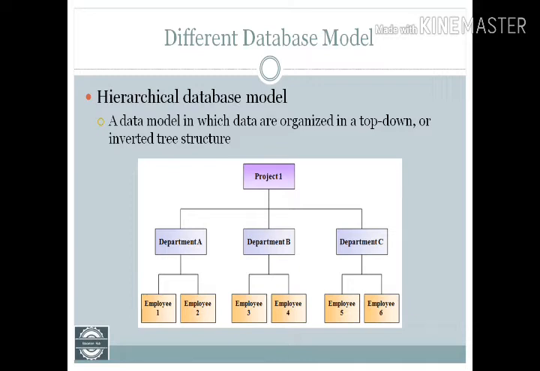That means project 1 hierarchically comes to departments A, B and C. Now department A gets employees 1 and 2, department B gets employees 3 and 4, and department C gets employees 5 and 6. These hierarchically get their values from departments A, B or C. So ultimately from project 1 it goes to the lower level of employees 1, 2, 3 via some medium.